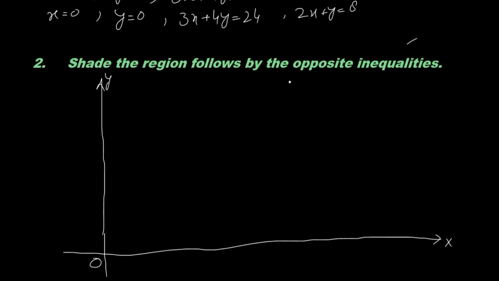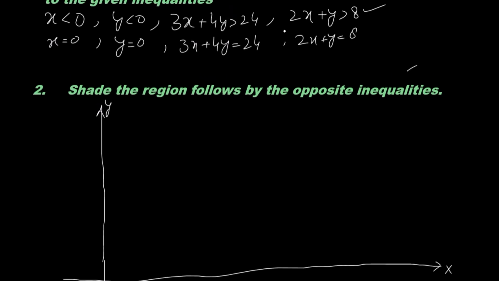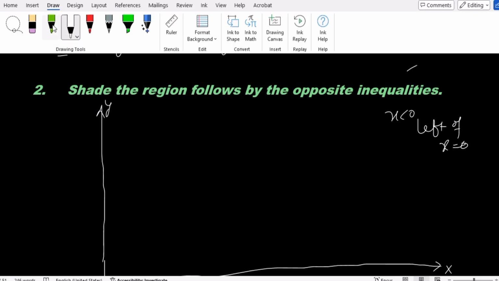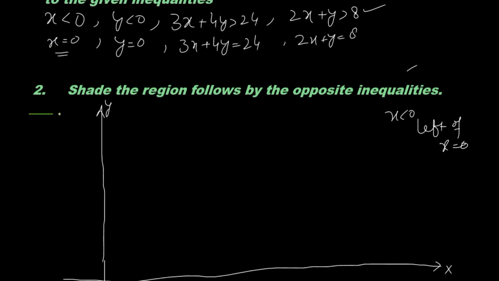Now x is equal to 0. X is equal to 0 actually represents the y-axis. So we need to shade the region x less than 0. X less than 0 means left of the y-axis, or left of x is equal to 0. Left of x is equal to 0 means left of the y-axis. So the graph followed by the inequality x less than 0 is simply left of the y-axis.